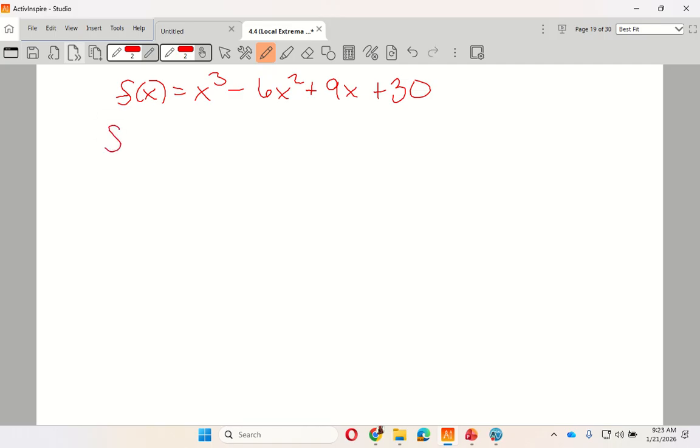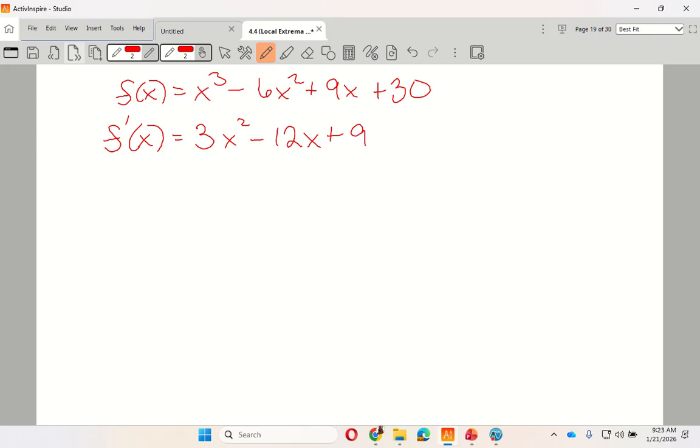F prime is 3x squared minus 12x plus 9. What does this give me? When I set it equals 0, it gives me mins and maxes, right? Set it equals 0, I'm going to have a min or max.